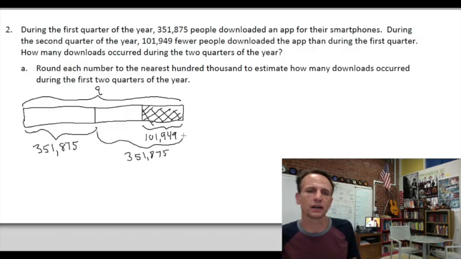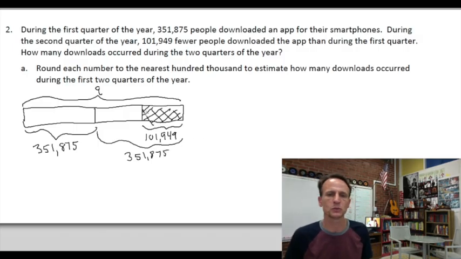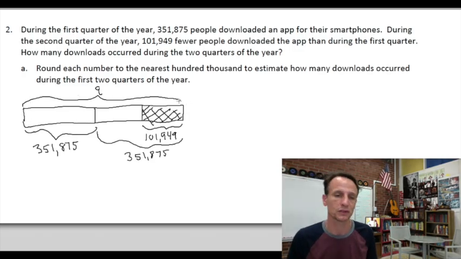I don't know if that tape diagram helps you. We weren't required to draw a tape diagram, but I think it does help you see that we're doing first quarter plus this minus that. And then we have to combine them both to get the 2 quarters, okay?